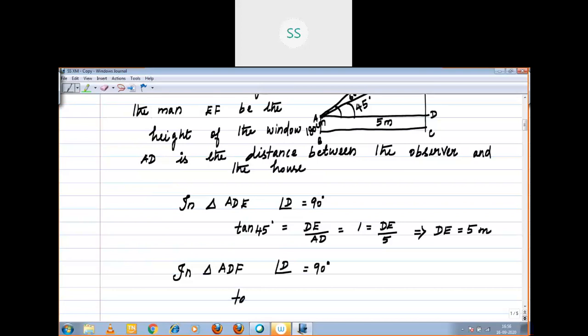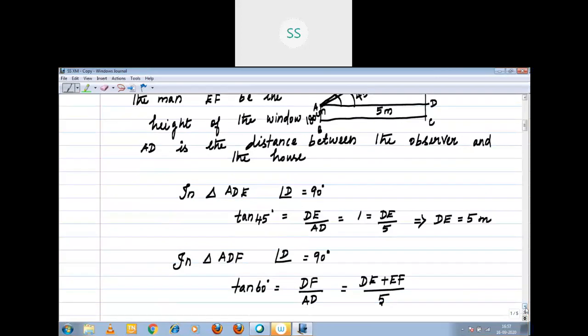Angle D is equal to 90 degree. Tan 60 degree equal to DF divided by AD. What is DF? DF is nothing but DE plus EF divided by 5.